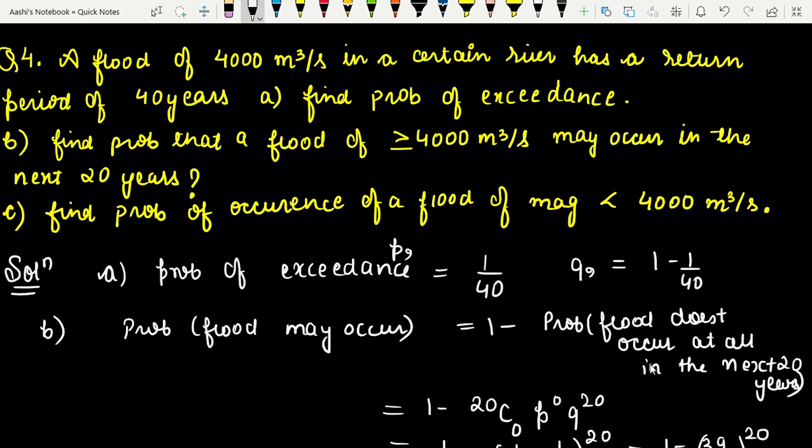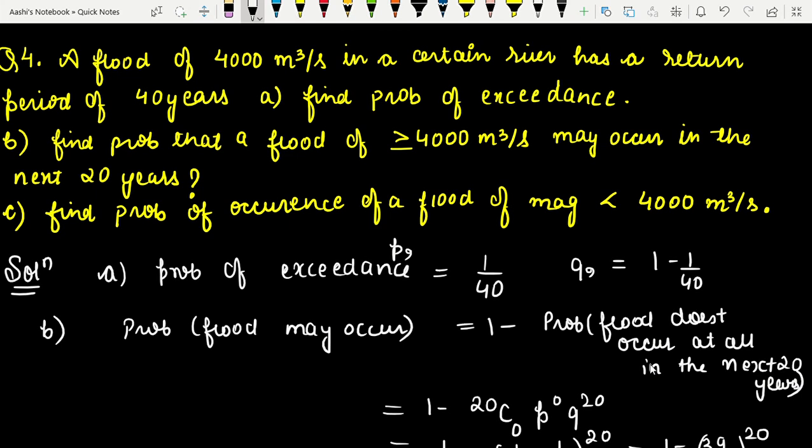Now, if you want to build dams and other major hydraulic structures, then definitely you will choose a value of high return period, because there will be less chance of such an event occurring. Usually a dam is of 50 years of design life. Okay, so we choose such a flood which has a return period of approximately 1000 years or maybe more than that.